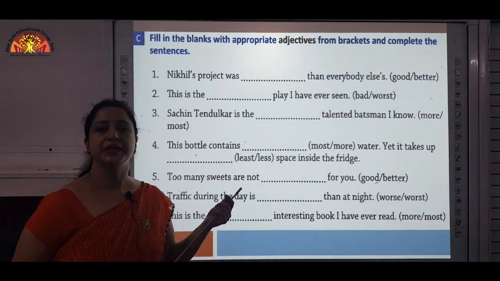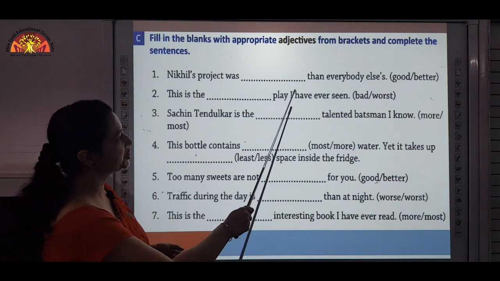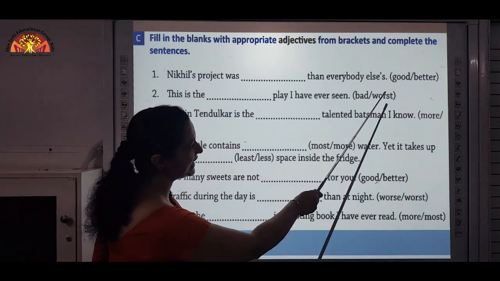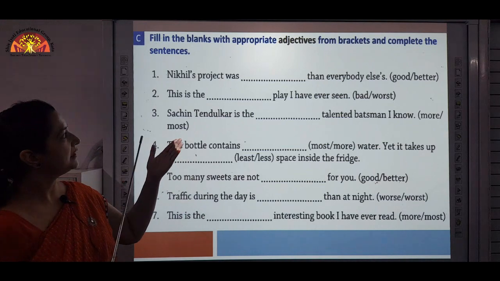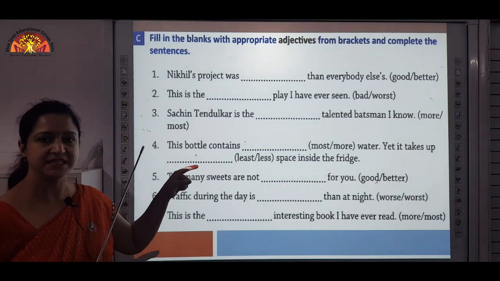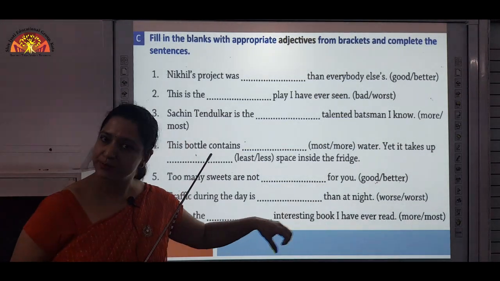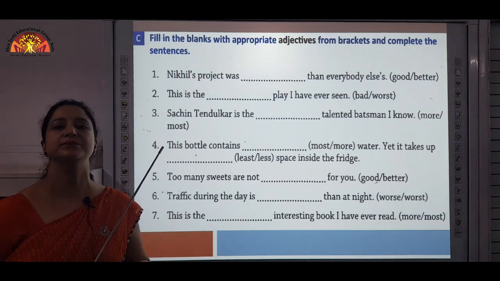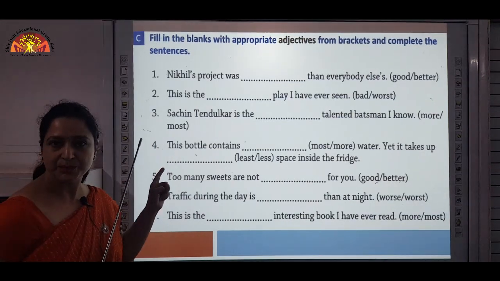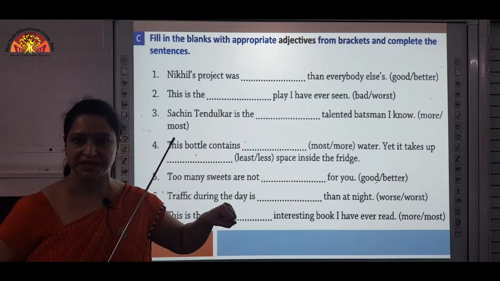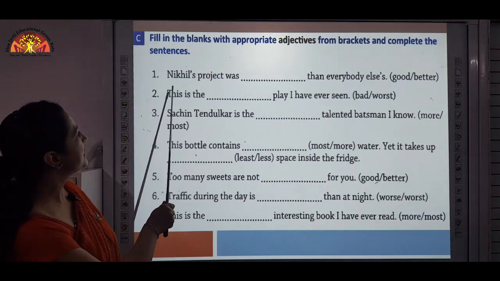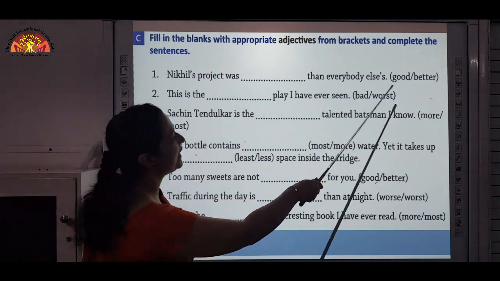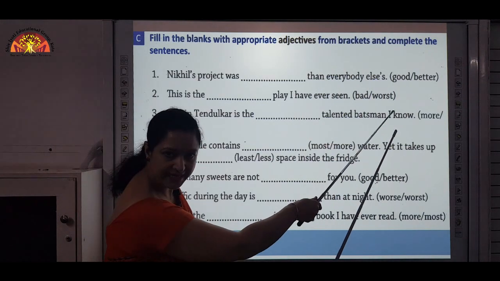Number 1, Nikhil's project was dash than everybody else's. Now here we are comparing Nikhil's project with everybody else's project. So here is a comparison between 2 things. So we will use: Nikhil's project was better than everybody else's.